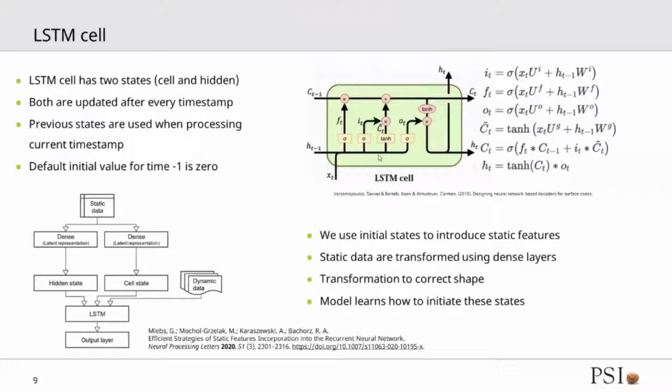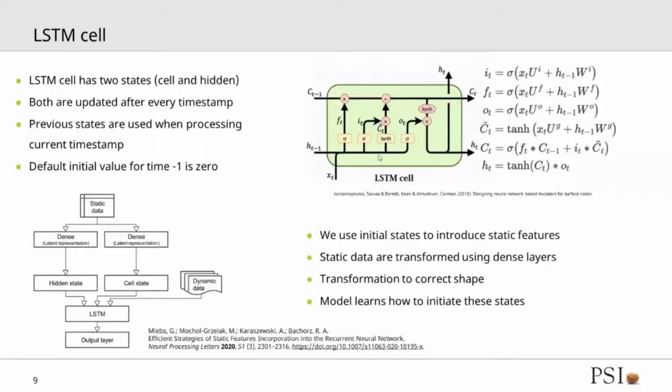And our idea was to use it to inject this static metadata into the LSTM cell, since it can only work with the recurrent data with the time dimension, and there is no obvious way to use the static metadata here. This is how we want to do this. There are two basic problems.